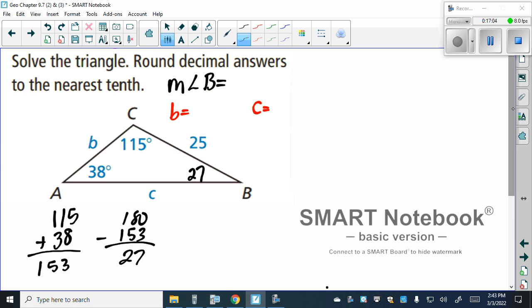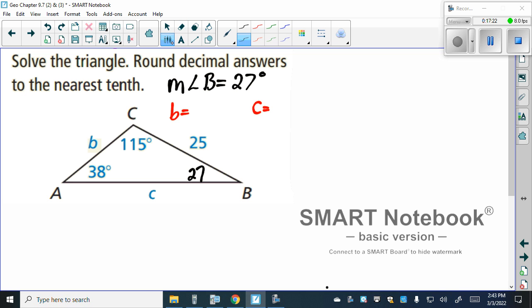So that tells us that the measure of angle B is 27 degrees. Now we just need to find the side lengths B and C. We'll just need to decide which one we want to find first. We can do B first.